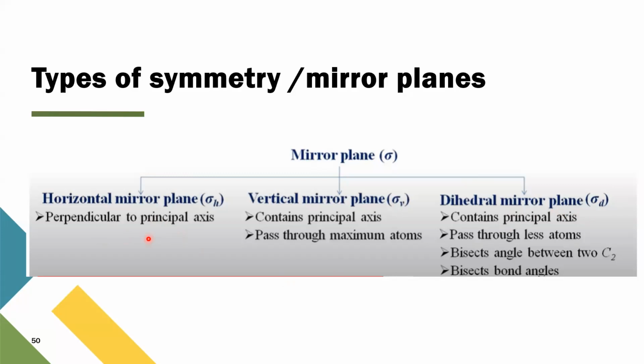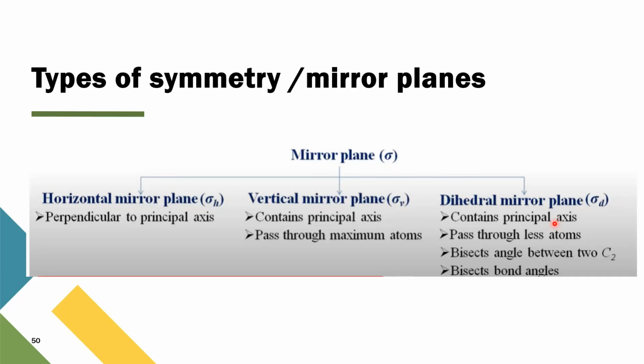So there should be a principal axis. We know what a principal axis is. The horizontal mirror plane is perpendicular to it. The vertical mirror plane contains the principal axis, goes along it, and also passes through the maximum number of atoms. The dihedral mirror plane again contains the principal axis.